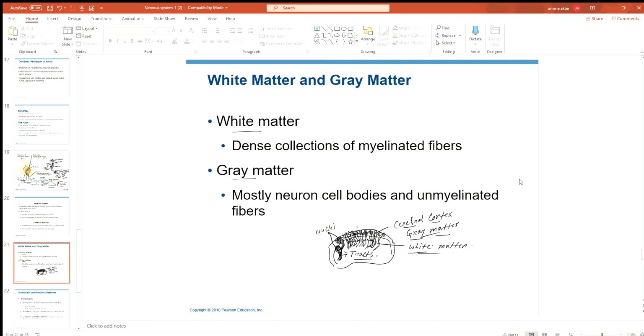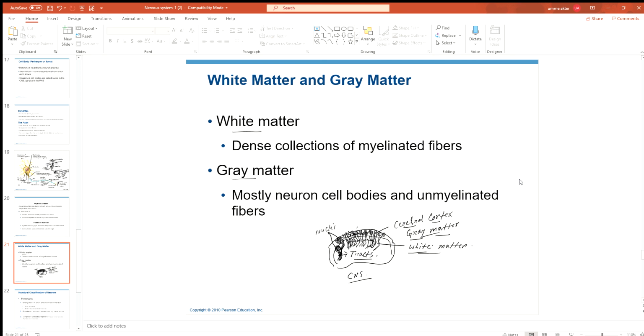Tracts are bundles of axons. So in gray matter you have the cell bodies and dendrites. In the nuclei, you have cell bodies and dendrites, but more densely packed. That is the difference. In white matter, you have myelinated axons, and in the tracts, you have myelinated axons, but more densely packed. That is the difference. Now, that is in the central nervous system.